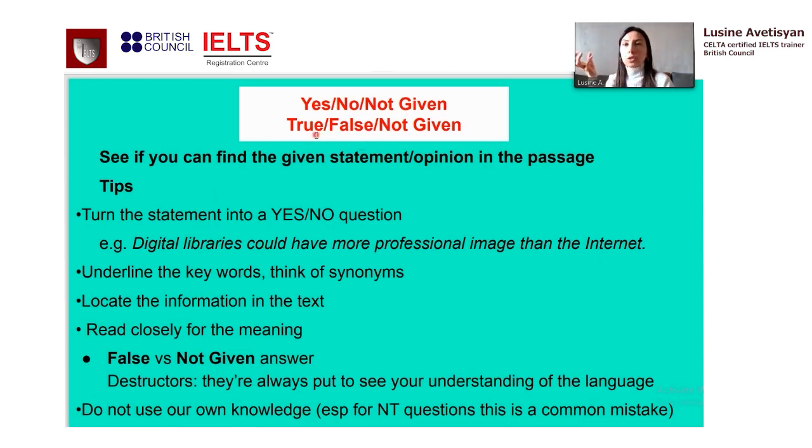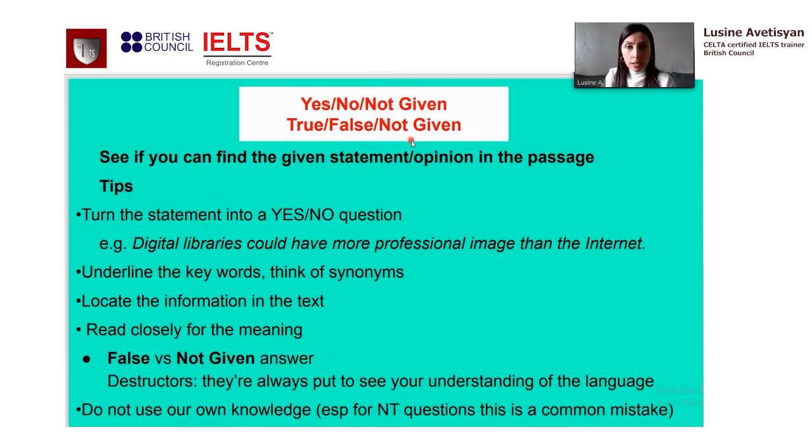It's easy with true because you see that the statement that comes as a question is the same in the passage, just paraphrased or with synonyms, but it says the same as the statement. So it agrees with the statement or the opinion of the writer, in the case of yes, no, not given. However, when there is false and not given, many students struggle here.